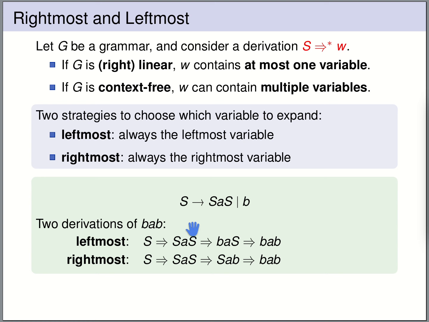If we are using a leftmost strategy, we are going to replace the leftmost S. So we replace this leftmost S by B. Now we have only one S, so we replace this S by another B, and we get BAB.